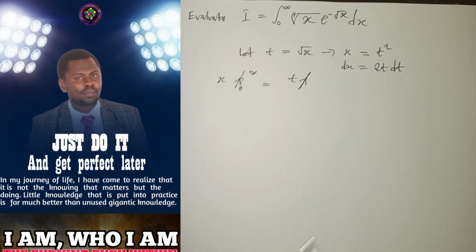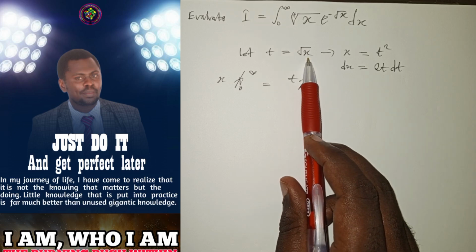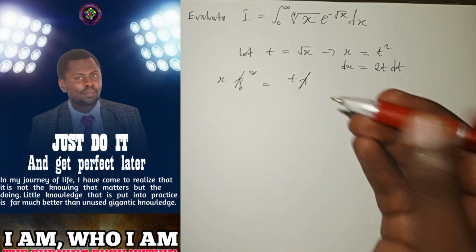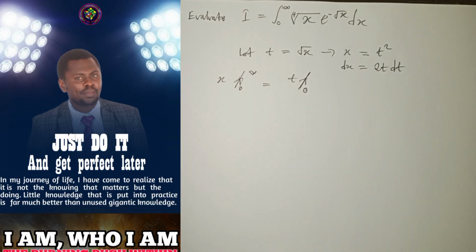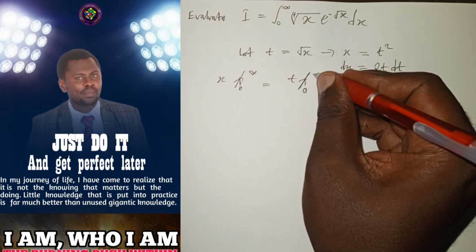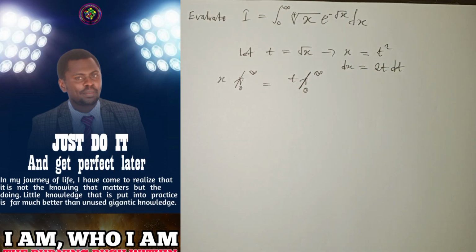If you put a 0 where there is x, it will be 0, because square root of 0 is just 0. So t will be from 0. Then if you put infinity, it will still be infinity, meaning the limits will remain unchanged.